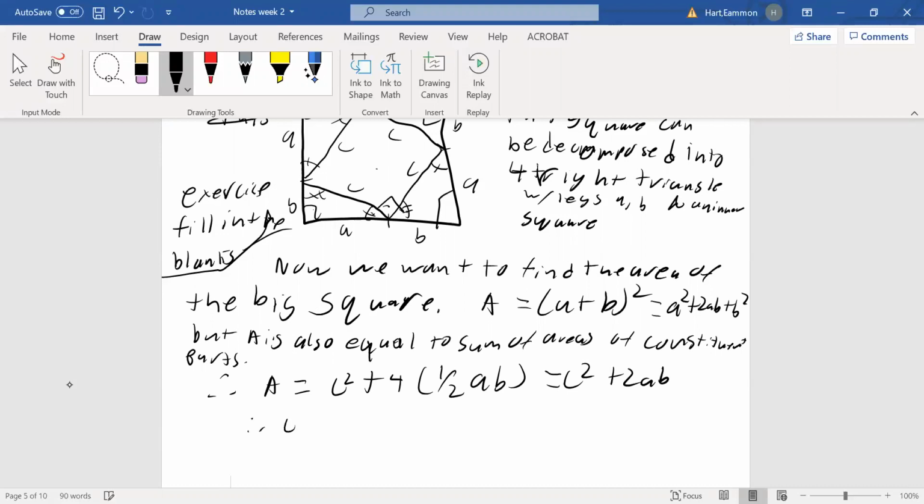Therefore, c squared plus 2ab is equal to a squared plus b squared plus 2ab. Just rearrange this guy right here. And now subtract 2ab from both sides. C squared is equal to a squared plus b squared.